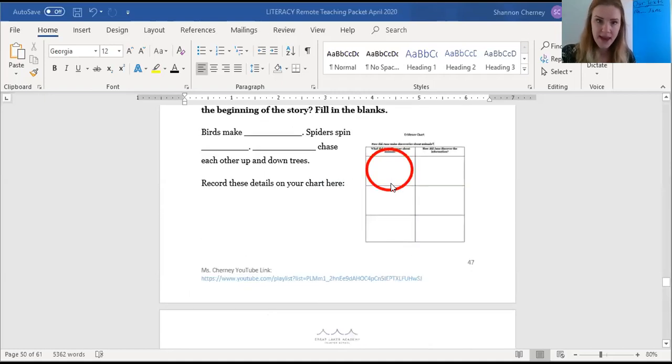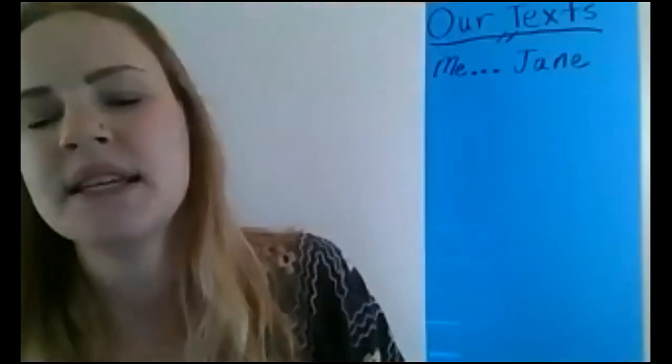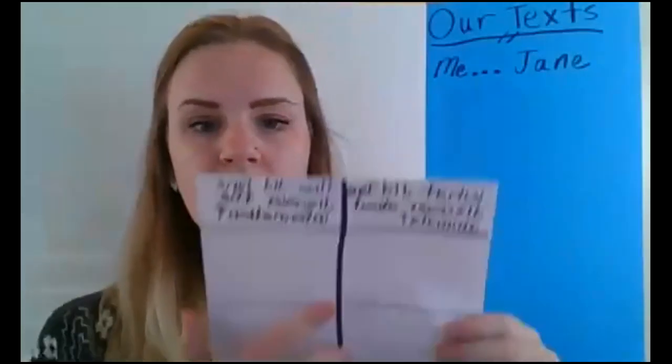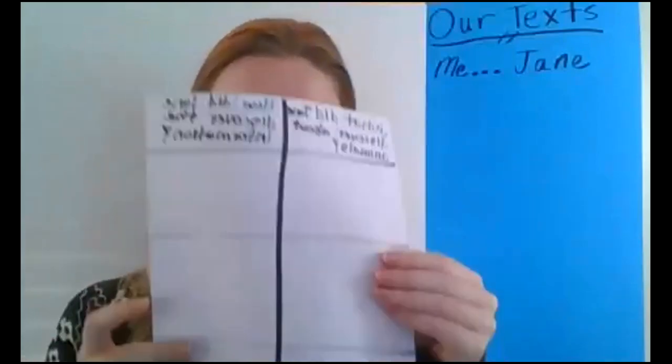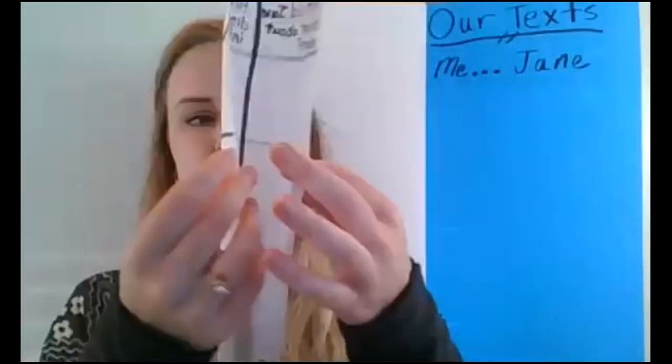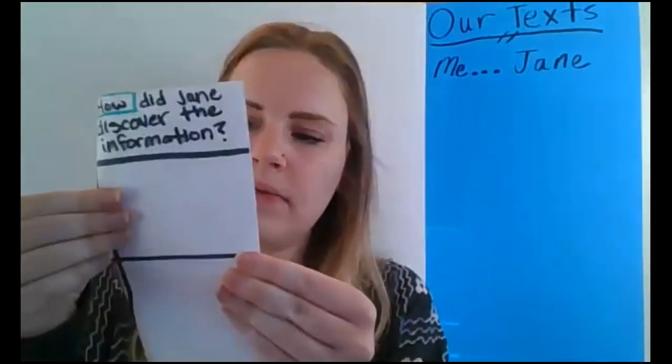In order to make this page, all you need to do is take a marker or a pencil or whatever you would like, and draw one black line down the middle of your paper. To do this, you can take your paper and just fold it right in half.